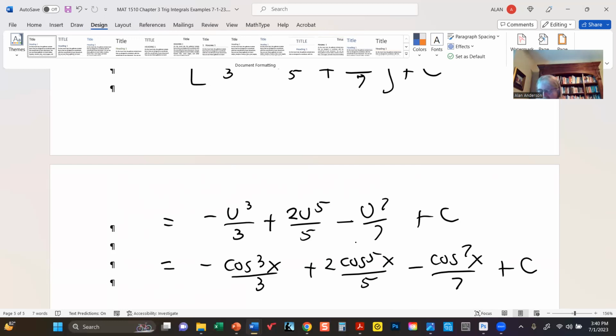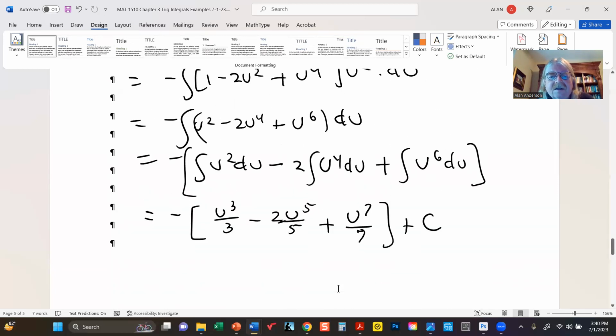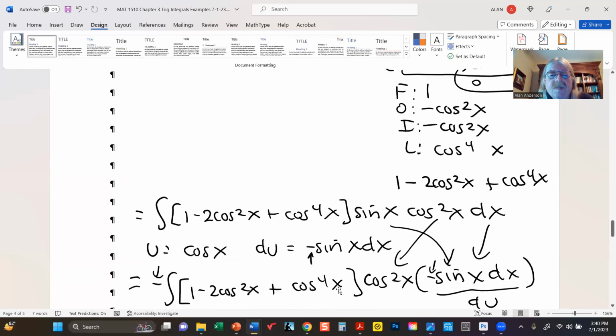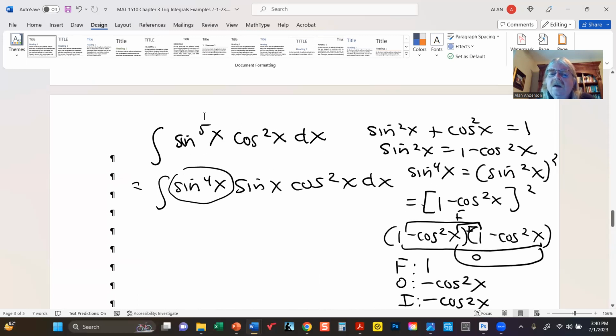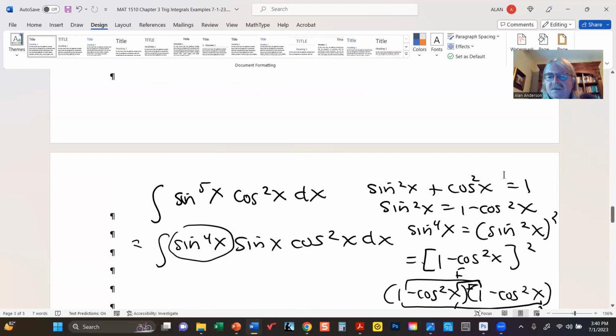So basically, we did two things. Well, first of all, whenever you have an odd exponent like this, because all the Pythagorean identities are in terms of squares, one thing you might want to think about doing is taking any term that has an odd power and rewriting it so that there's at least one term with an even power. And then see what you can do with the Pythagorean identities.